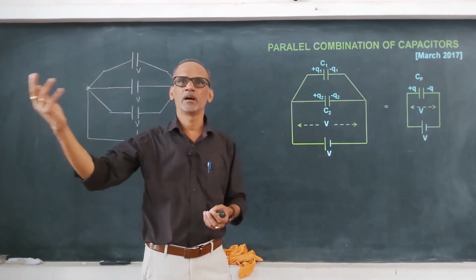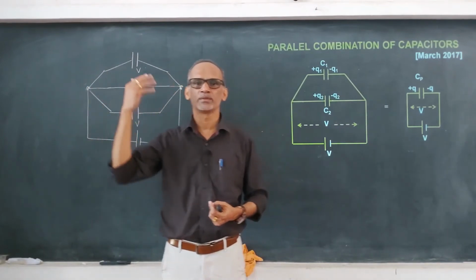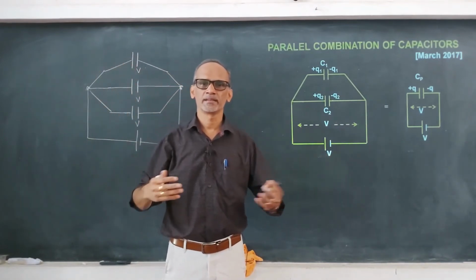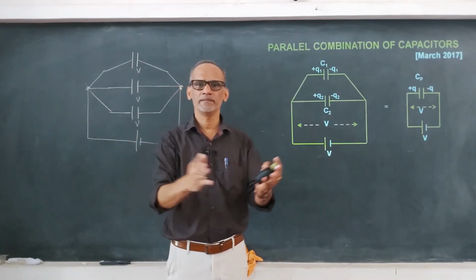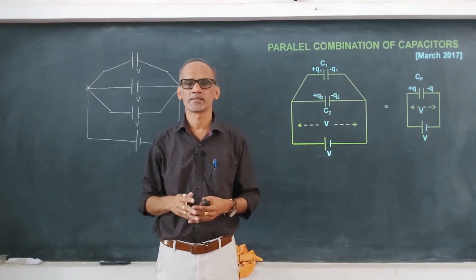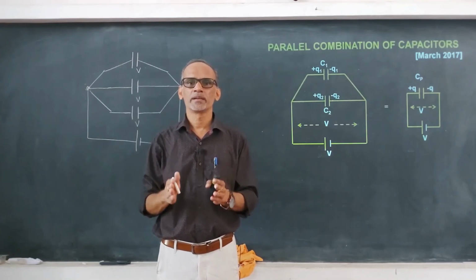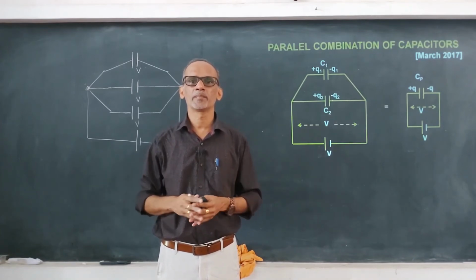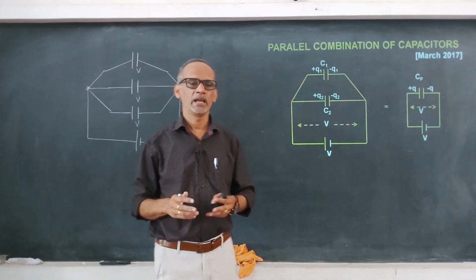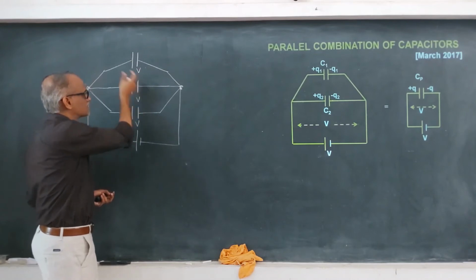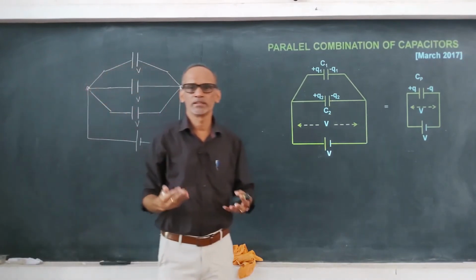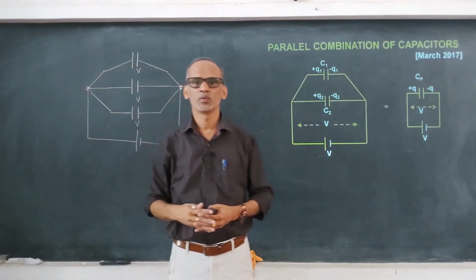So we have household appliances like the tube light, the fan, there is a refrigerator, there is an AC, there is a TV, every device is there, right? These home appliances are all connected in parallel combination, so that every device gets same voltage. The voltage that is required is nearly 230 volt.